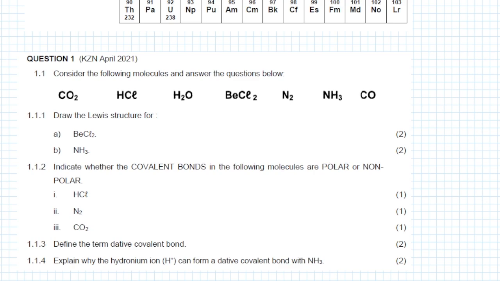Starting off with question number 1, which deals with bonds and the different structures of molecules, so bonds and molecular structure. As always, I do recommend that you start off by pausing the video, trying the questions yourself, and when you've completed the questions, go and watch the video or continue to watch the video while marking or working through the problems with me.